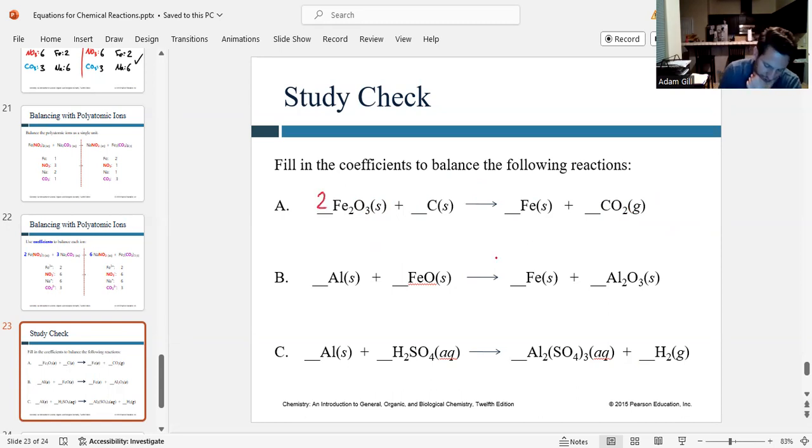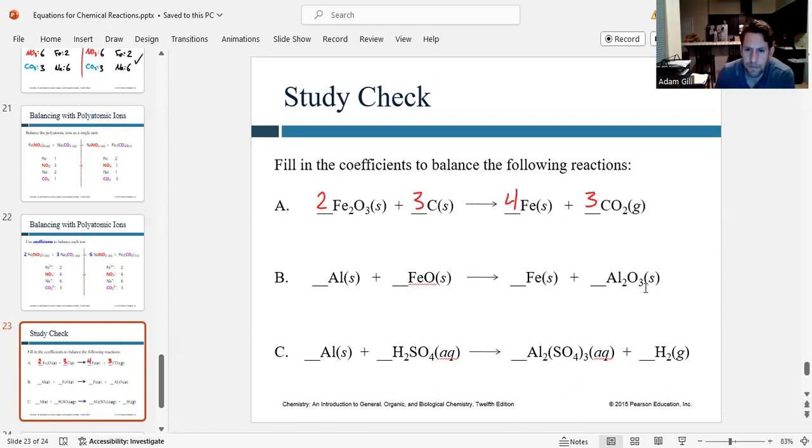I'm going to put a 2 here and a 3 there. And that's going to give me 6 oxygens, right? 2 times 3 is 6. 3 times 2 is 6. So oxygen's balanced. But that's going to give me 4 irons. So I'll stick a 4 there to balance iron. And then the 3 carbon dioxides means I need 3 carbons. So that should be balanced.